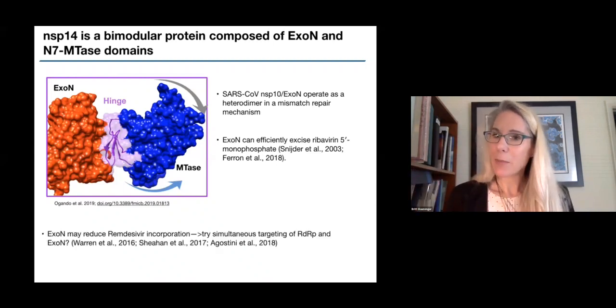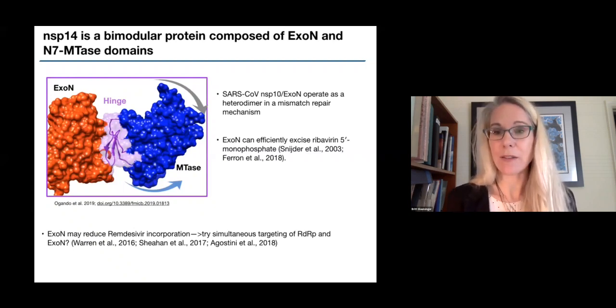So I think that's important to consider in the context of the classic strategies for generating polymerase inhibitors, which is usually through some sort of nucleoside analog. It's been suggested, and there's some experimental evidence indicating, that ExoN can reduce remdesivir incorporation.